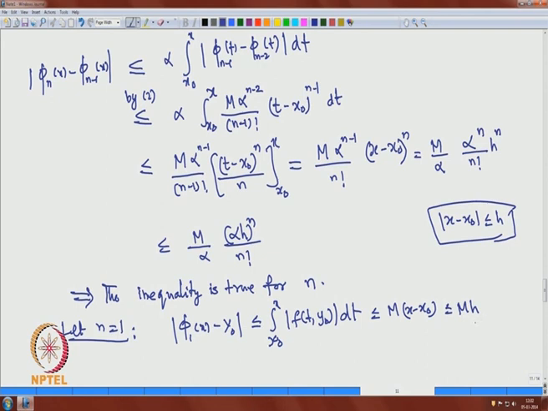So, it is true for the case n is equal to 1.